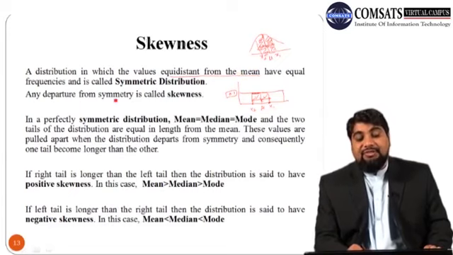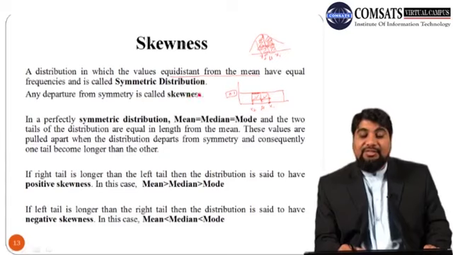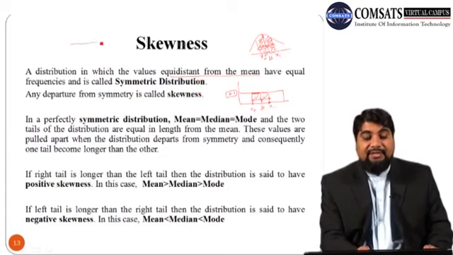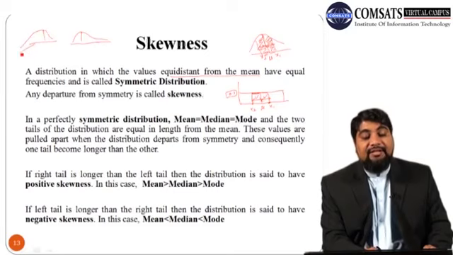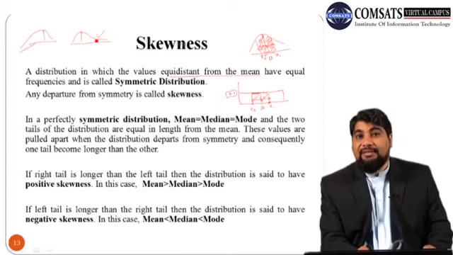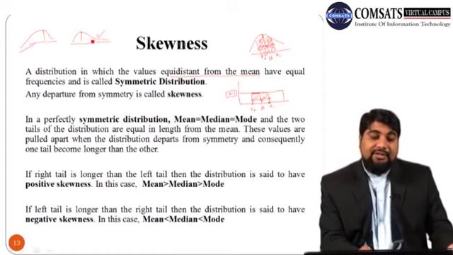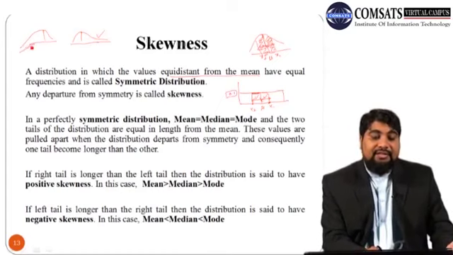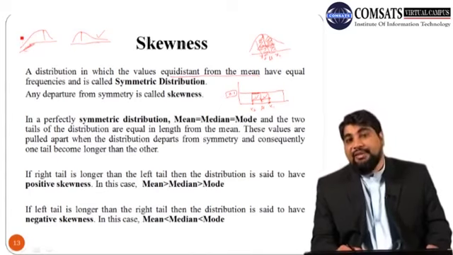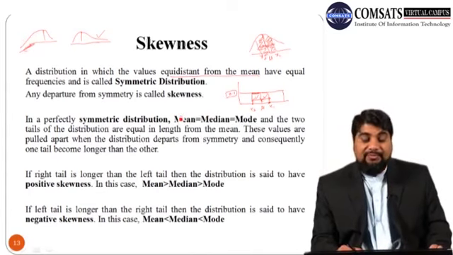Any departure from symmetry is called skewness. For example, we have this right skewed curve, and we also have the left skewed curve. If the right tail is longer than the left tail, then it is called right skewed. If the left tail is longer than the right tail, then we have the left skewed distribution.